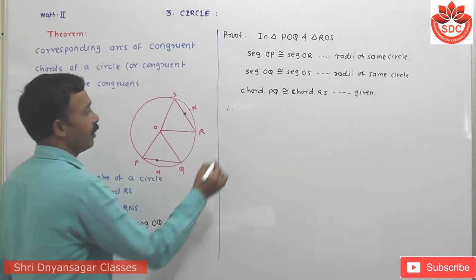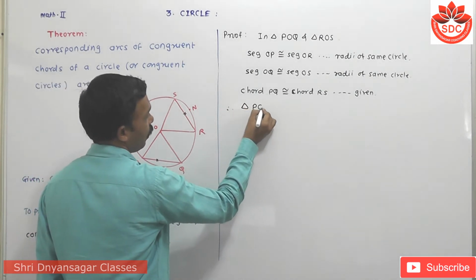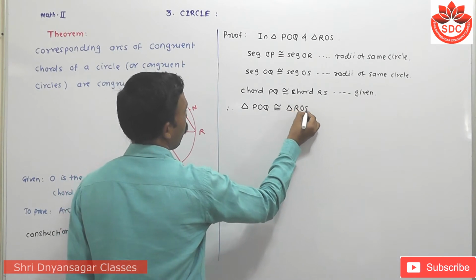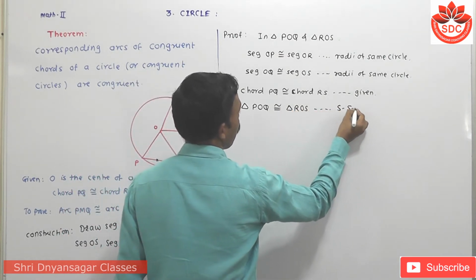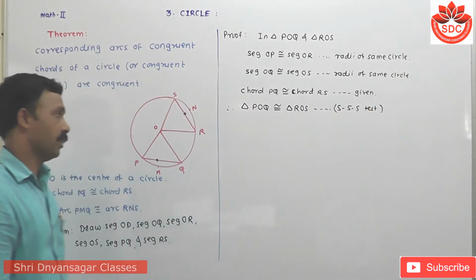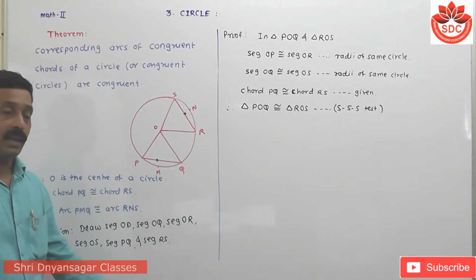Ends are congruent. Therefore, these two triangles, triangle POQ is congruent with triangle ROS by SSS congruency test. Then their corresponding angles are also congruent.